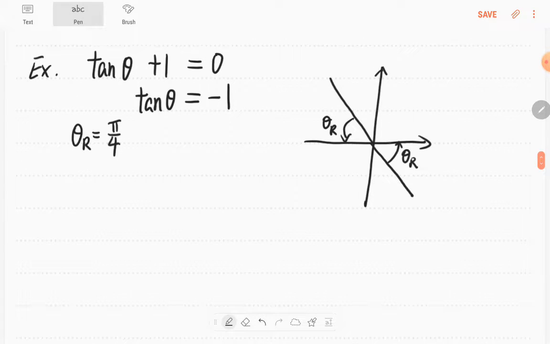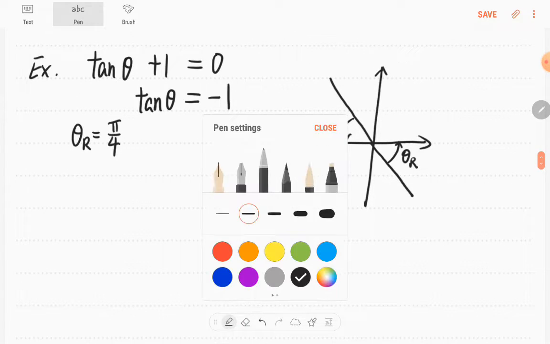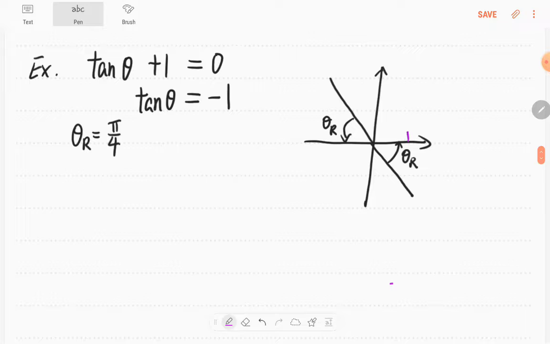So for the first angle, this is theta 1, which is 3 pi over 4, right? And we have theta 2.